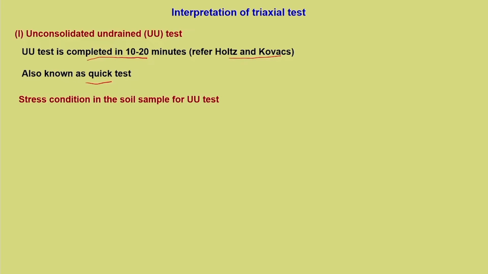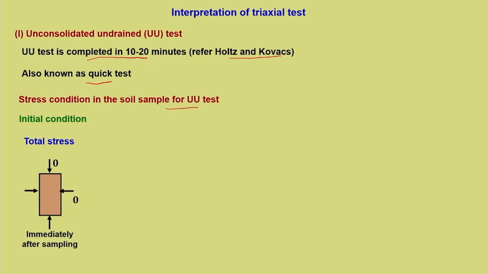Let us first see what are the different stress conditions in the soil sample for UU test. The initial condition pertains to the soil sample once it is sampled from the field. So, let us say that this is the sample soil which needs to be tested for UU. We have already discussed the effect of sampling in our previous lecture, and what did we discuss there?